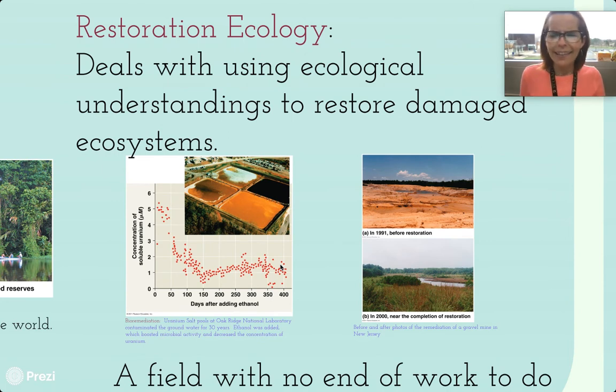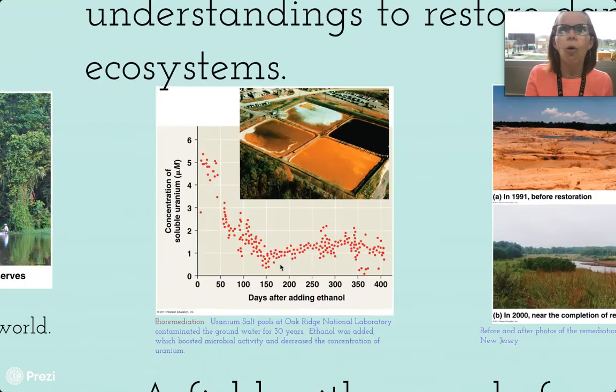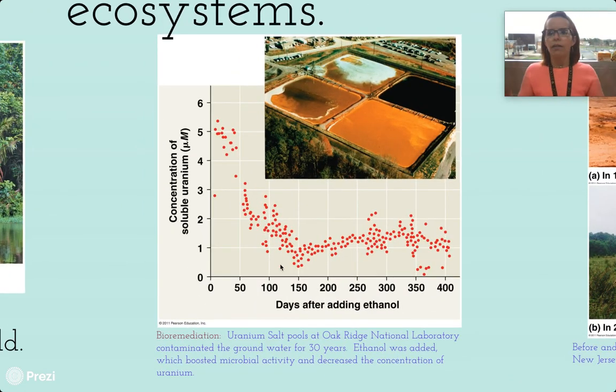And then finally, I think this is the last thing we're going to talk about, is called restoration ecology. This deals with using ecological ways to restore damaged ecosystems. So there's so many examples, it would blow the mind. In this example, you've got radioactive waste that is in water systems, and it's contaminating the local waterways.